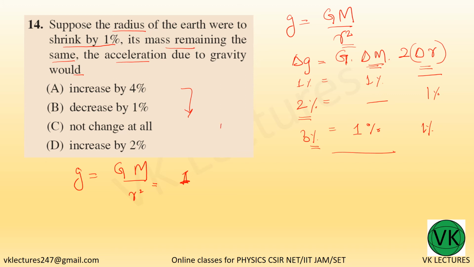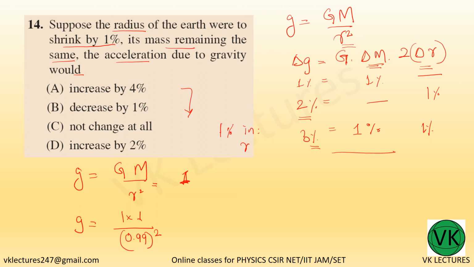Now if there is a 1% change in r, G is equal to this 1, and 1 would remain the same. Instead of r square, we have 0.99. Instead of 1 we have 0.99.